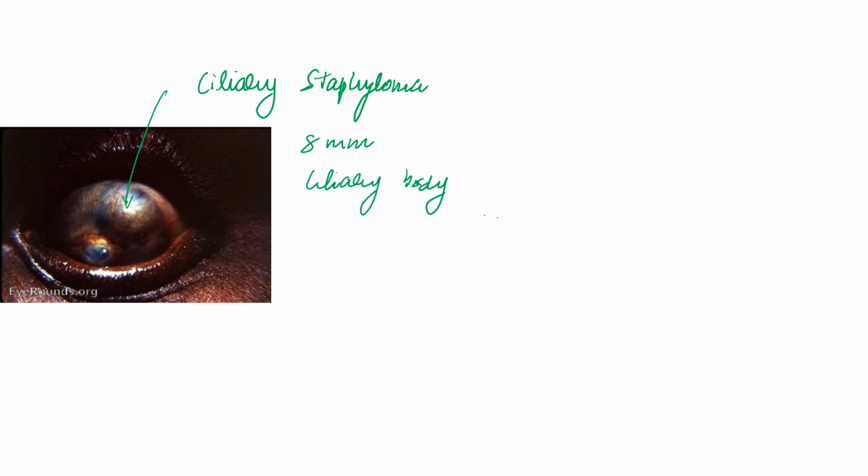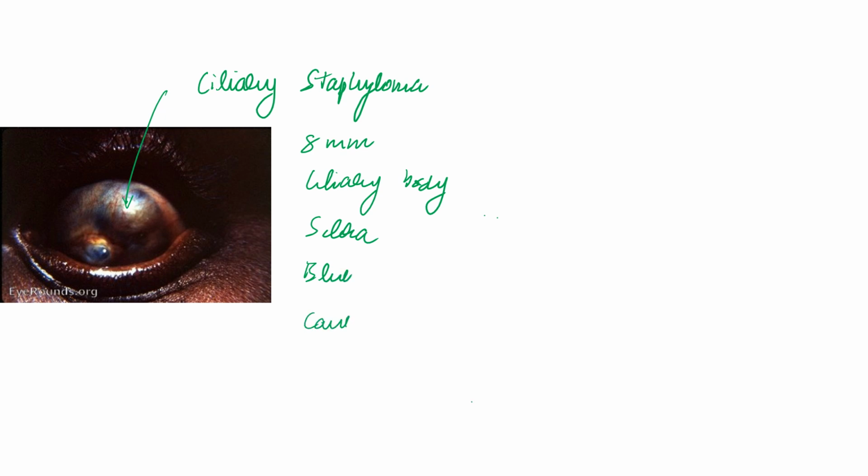Moving on to the third type, that is ciliary staphyloma. This picture shows a case of ciliary staphyloma. It affects the ciliary zone, that includes the region up to 8 mm behind the limbus. Here the ciliary body is incarcerated and the ectatic part is the sclera. It has a bluish color with a lobulated surface.